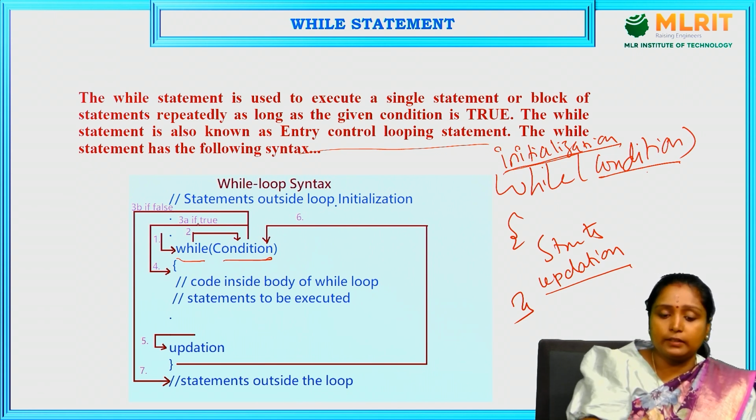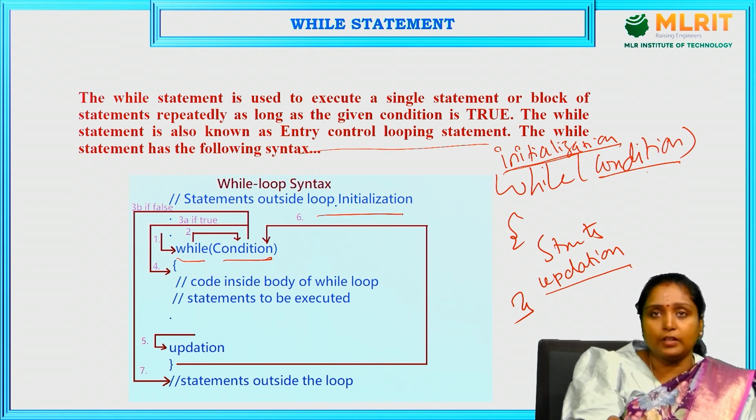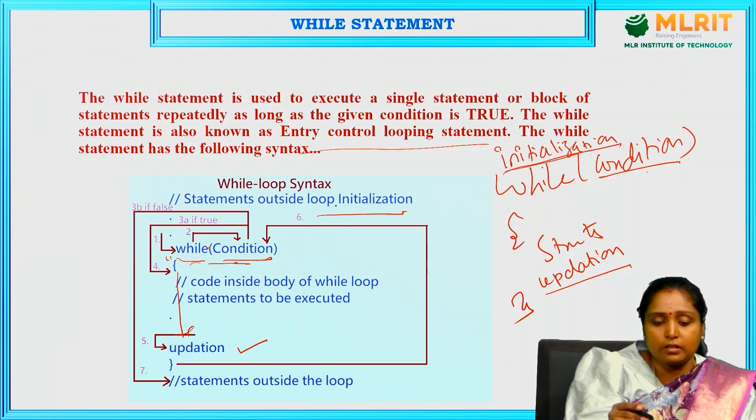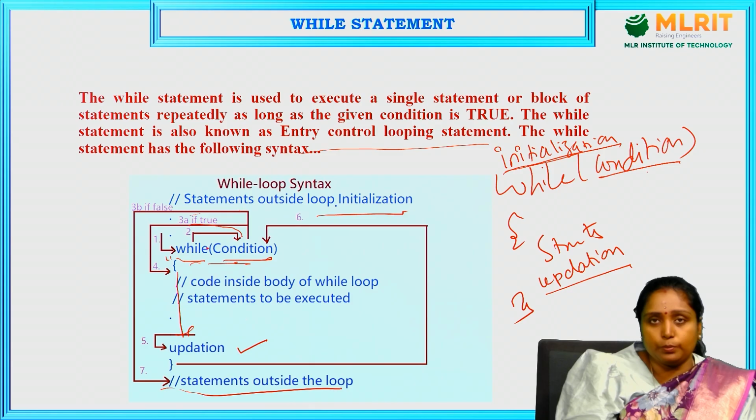The statements outside the loop, you will have the initialization, then while condition. If the condition is true, then it will execute the statements, and then updation would happen. If it is false, it will come out of the loop.